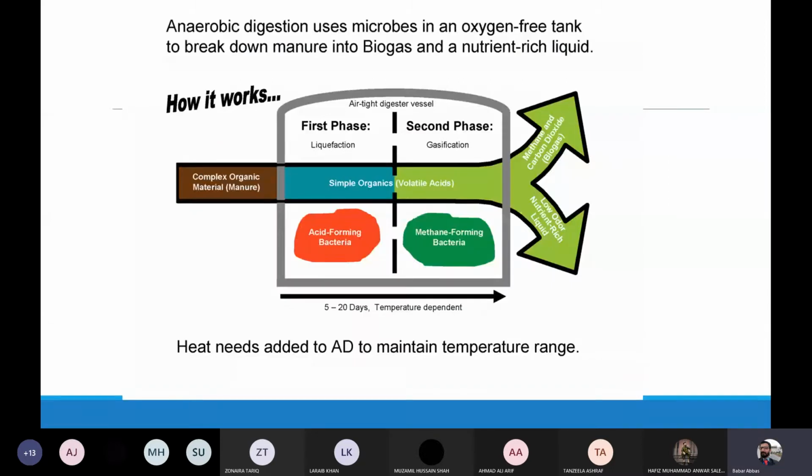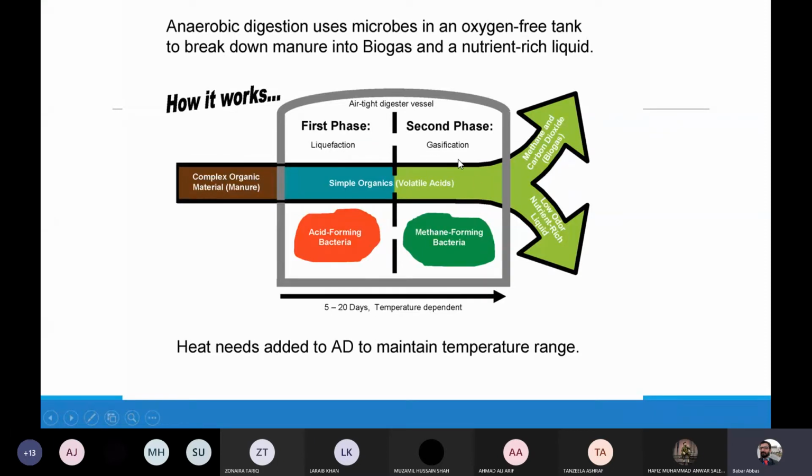This is another diagram of the same anaerobic reactor, and it says that anaerobic digestion uses microbes or anaerobic bacteria in an oxygen-free tank to break down the manure into biogas and nutrient-rich liquid. And how it works is the addition of complex organic material into the reactor. There are different phases. The first phase is a liquefaction phase, in which the acid is formed by the bacteria.